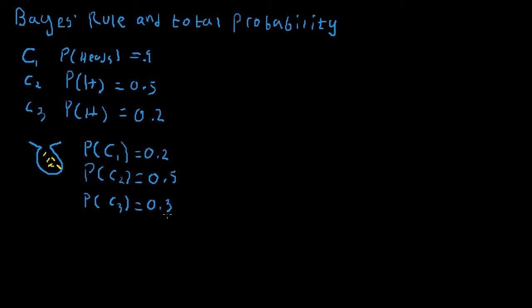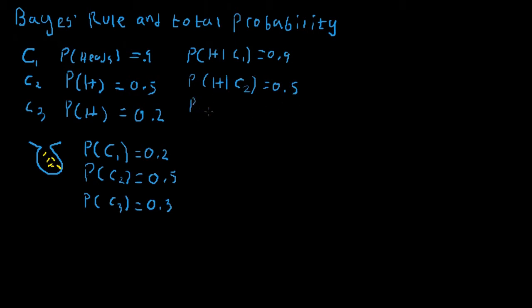So if we write these formally in terms of conditional probability, this is telling us that the probability of heads given getting a coin of type 1 is 0.9. And then we can just write the same thing for the other types of coins. I think you see where this is going.